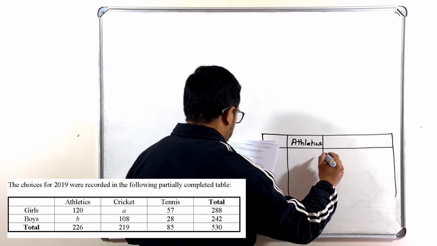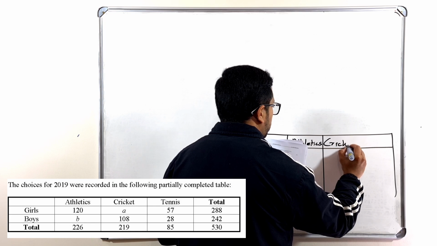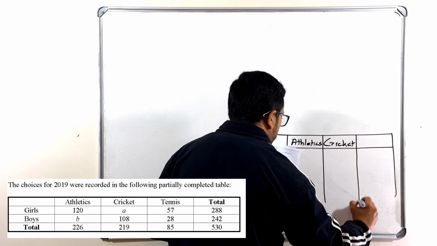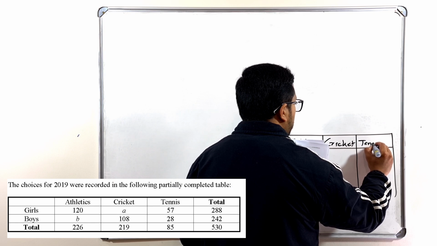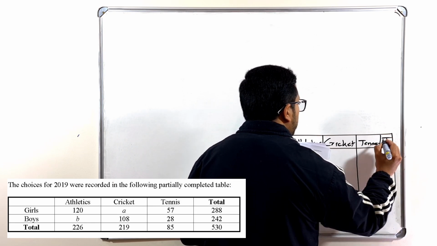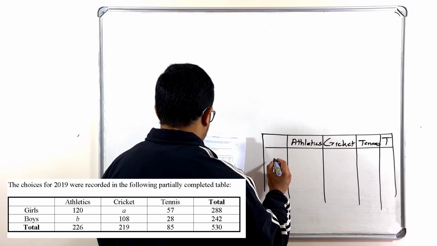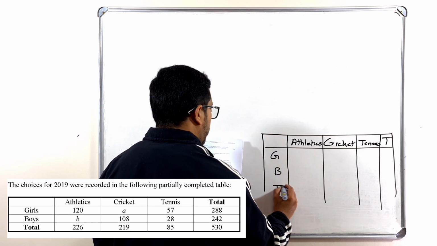Then the next one is cricket. Tennis. And the last one is total. So girls, boys, and the total.